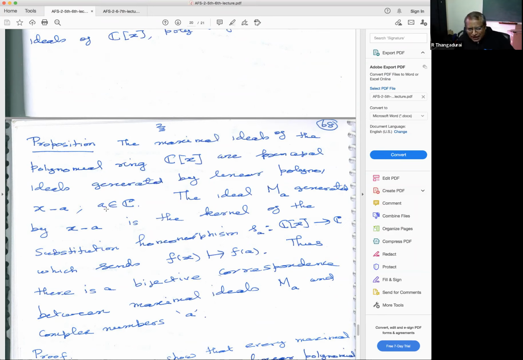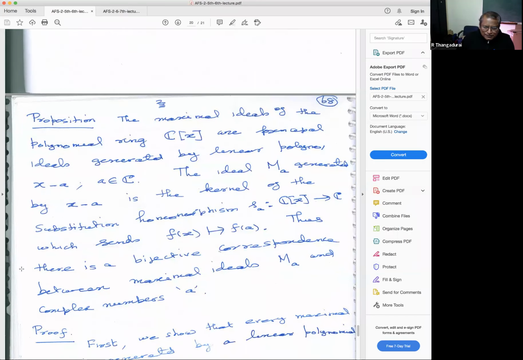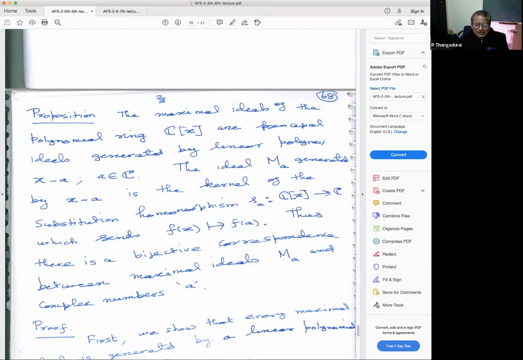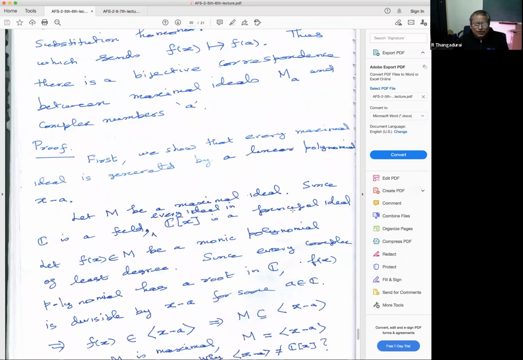Given a maximal ideal, it is equal to M_a for some a, and given any complex number a, I can produce M_a. So this is a bijective correspondence between the set of all maximal ideals in the polynomial ring C[x] and the points a in the complex numbers. Every maximal ideal in the polynomial ring corresponds to a point. This is the language this book wants.